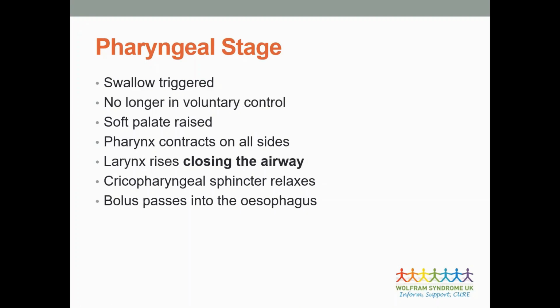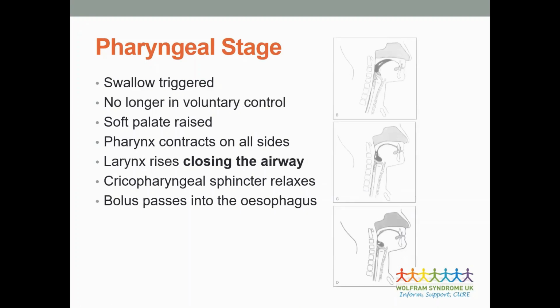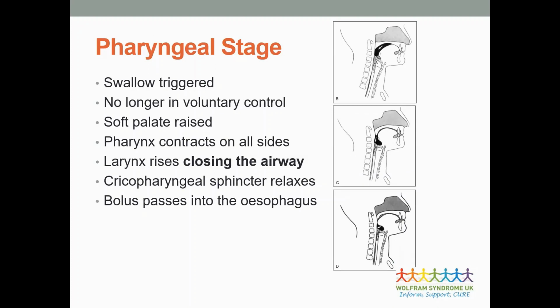All right, so we come on to the pharyngeal stage. So once the food or drink has been transferred towards the back of our mouth, a swallow is triggered, and this is no longer under voluntary control. So the pharyngeal phase is reflexive or involuntary, whereas everything before this moment has been under voluntary control, and we've been consciously aware of what we've been doing.